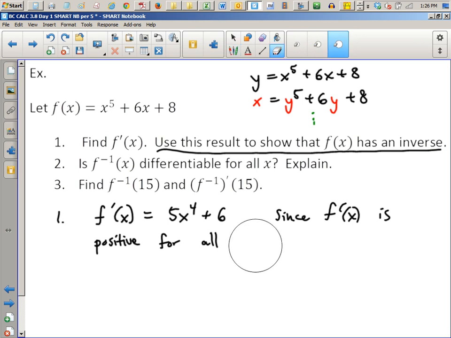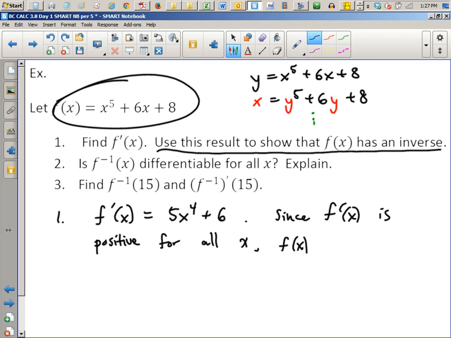Since f prime is positive for all x, f of x, that's this graph up here that I don't even know what it looks like, is increasing for all x. See, if the derivative is always positive, the graph never stops rising.